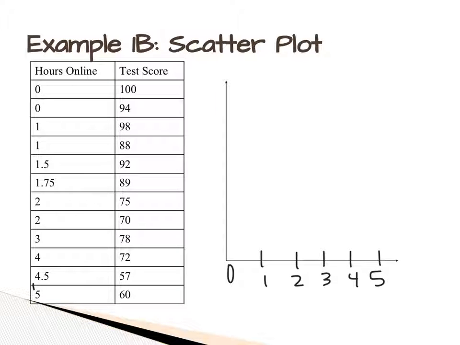And then on the test score side, the lowest one is a 57. So I don't want to start at like 10. I'm going to do this little squiggly line, which means I squished my graph. And I'm going to start at 50. Then I'll do 60, 70, 80, 90, 100.